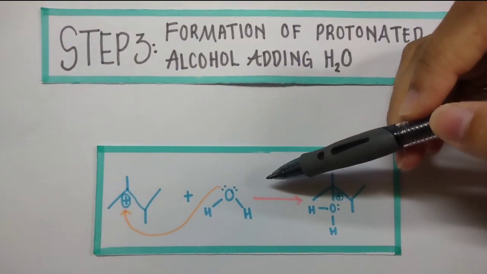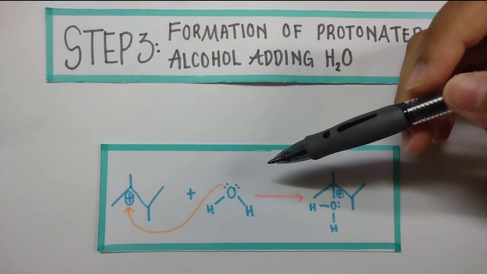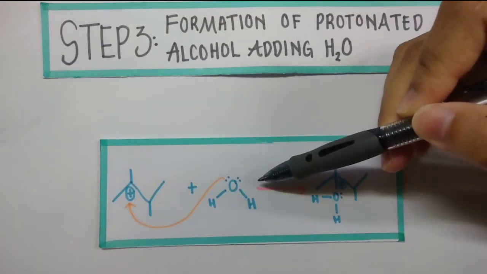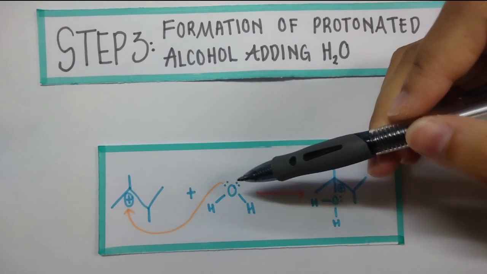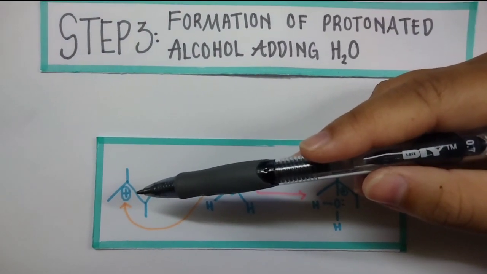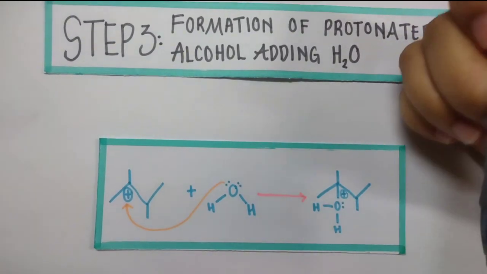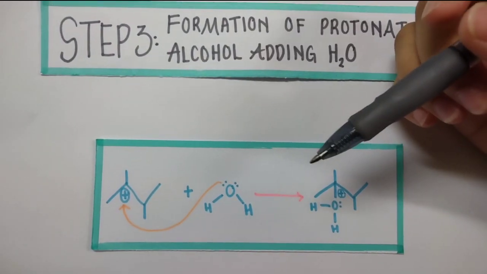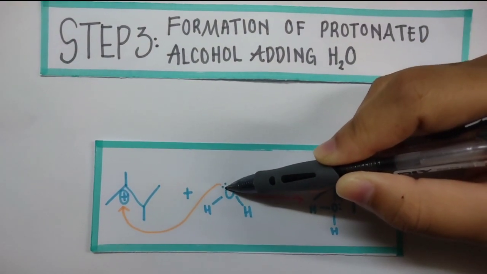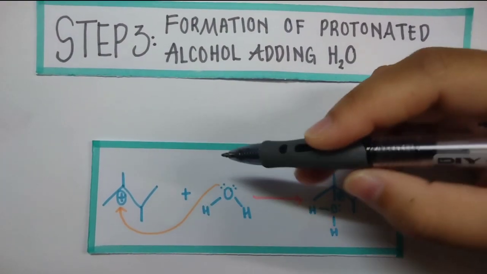So in this reaction, H2O, or water, is the nucleophile. The water molecule attacks the positively charged carbon, the tertiary carbocation that is formed in the previous step, by using its lone pair.